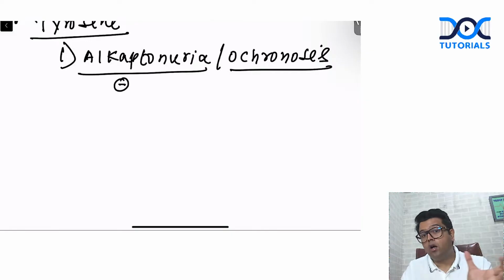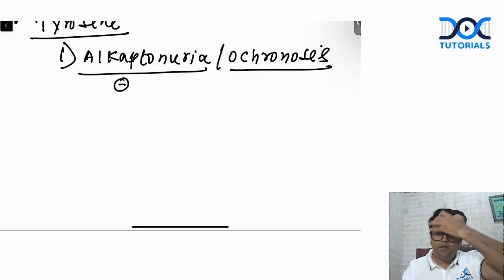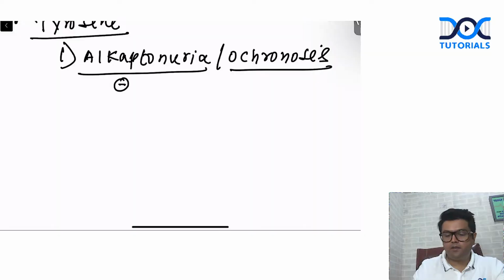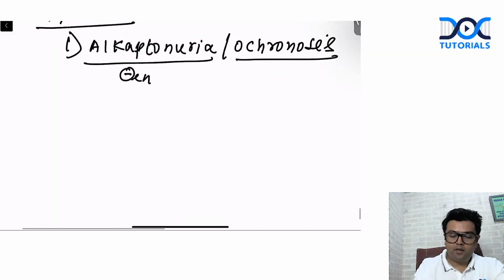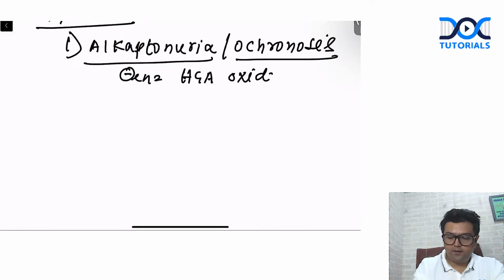That's why the name ochronosis. But in books, we sometimes see it written as blackening of the joints, blackening of the cartilaginous areas of the body, like sclera, tip of the nose, palm, all of them, right? So you should know the deficient enzyme. The deficient enzyme is homogentisic acid oxidase.